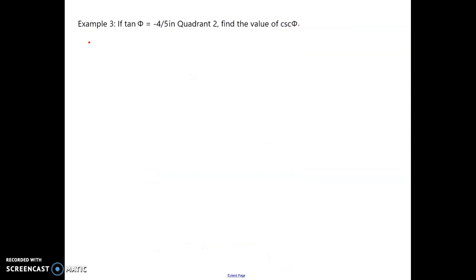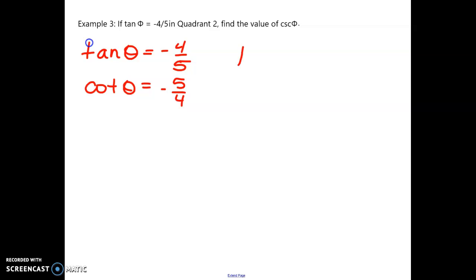So here again is the question. So we know tan theta is negative 4 over 5. That means cotan theta would be negative 5 over 4, because you would flip tan into its reciprocal. Now our identity is that 1 plus cotan squared theta equals cosecant squared theta.